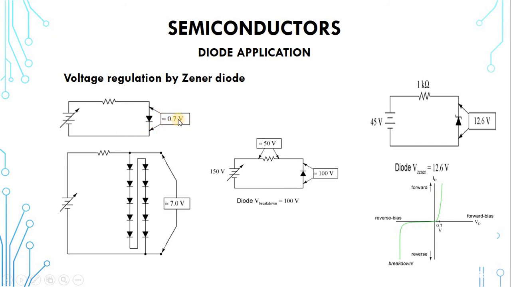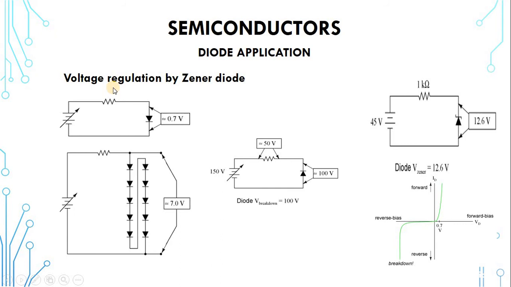Let's say you have a load that operates with 0.7 volts. See what is going to happen. Here is a variable source, which means that it can vary from 0 to a particular level of voltage, and this is a limiting resistor.